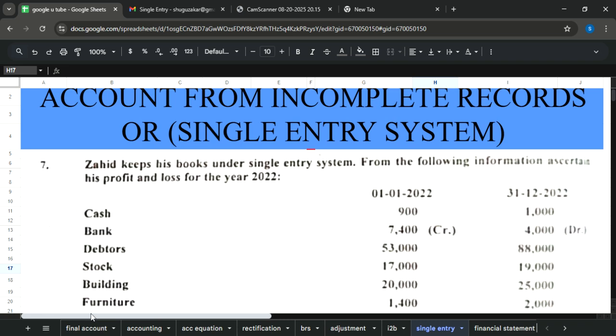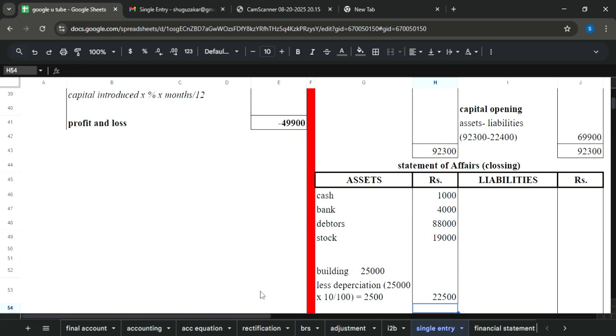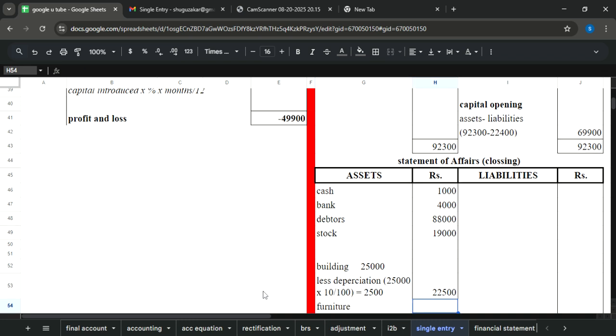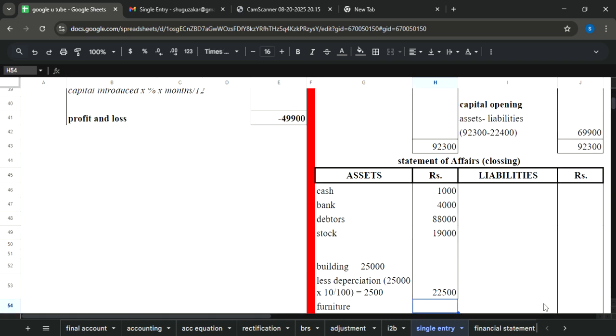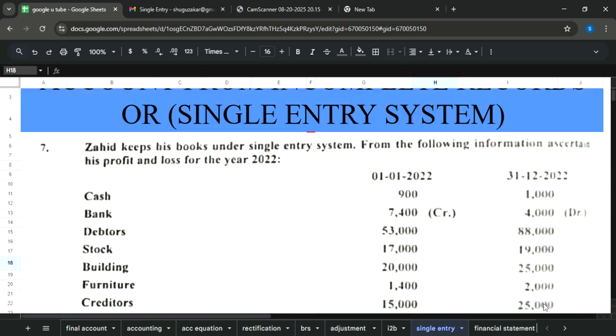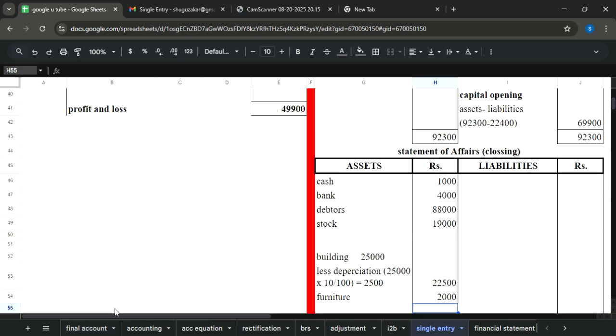After building we have furniture. Furniture is your fixed asset. You will choose the same place for furniture as well. Amount of furniture, look here, is 2000. So write down 2000 in the closing asset side. After furniture we have creditors. This would be considered your liability.